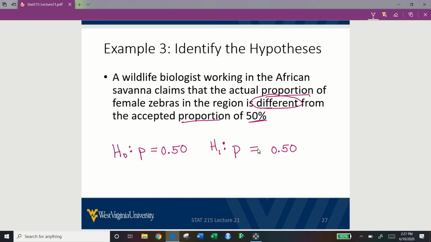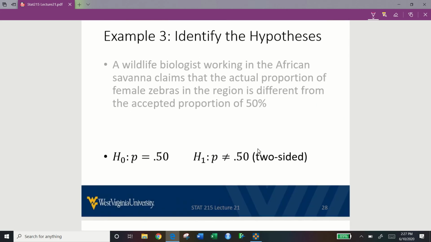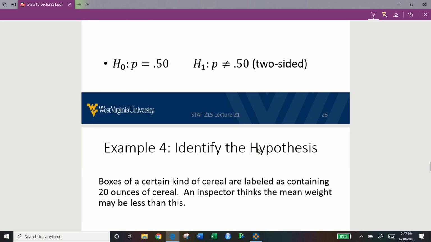That implies that it could be either less than or greater than. In this case, that means we need to use the symbol not equal to, because we don't know what direction our female zebra proportions are going to go in. We can check our answer on the next slide. Very good. Looks like we did it right.